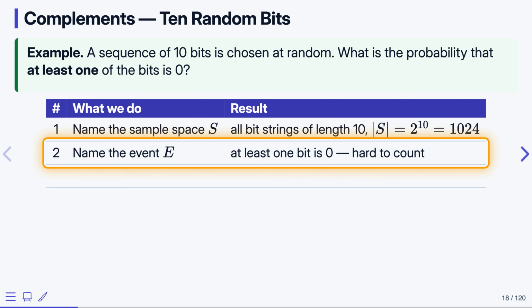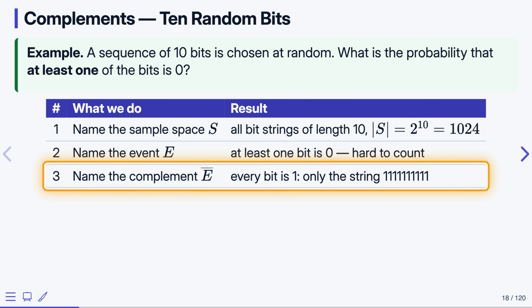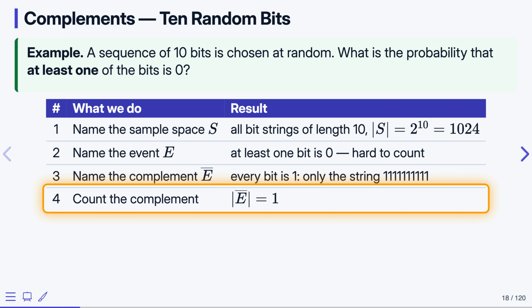Step 2. The event is: at least one bit is a 0. Counting those directly is hard work. Step 3. So look at the opposite event instead. The opposite of at least one 0 is every bit is a 1. There is only one such string, all ones. Step 4. So the complement has size 1.